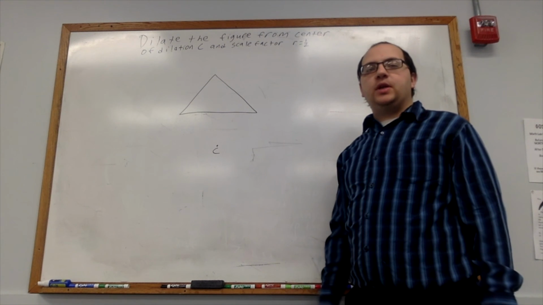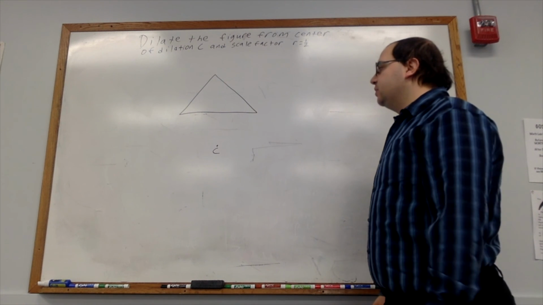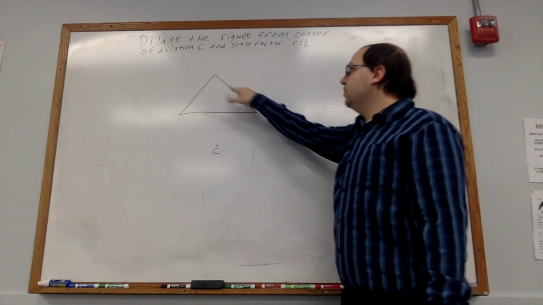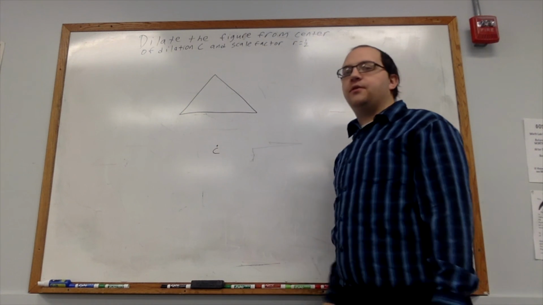The first thing you want to do is draw dotted lines from the center to each vertex, each corner of the shape.